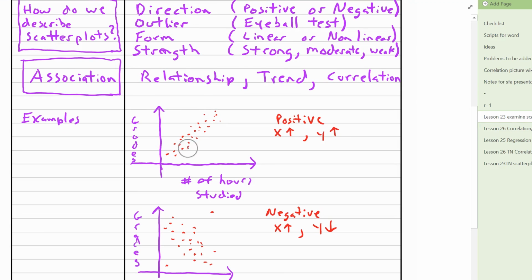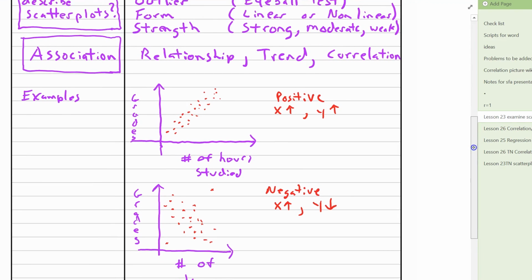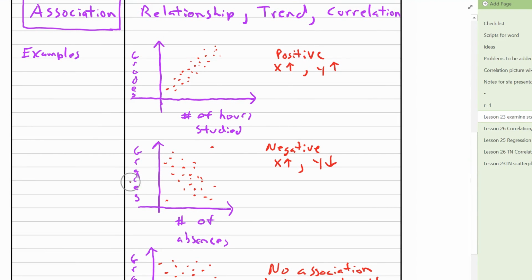Contextually, I want them to be able to say as the number of hours studied increases, the grades tend to increase. Contrasting that with our negative trend here, again, it is linear, moderate perhaps, and negative. So the interpretation: as the number of absences increases, grades tend to decrease.